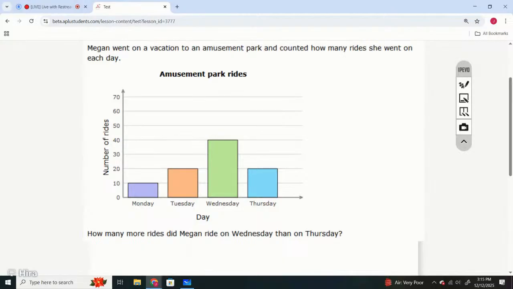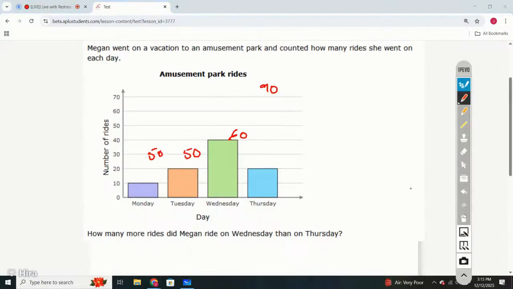How many more rides did Megan ride on Wednesday than on Thursday? So on Wednesday, she did 40 rides, and on Thursday she did 20 rides. So how much more did she do on Wednesday than on Thursday?